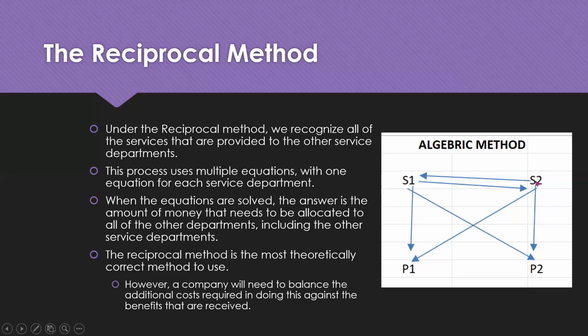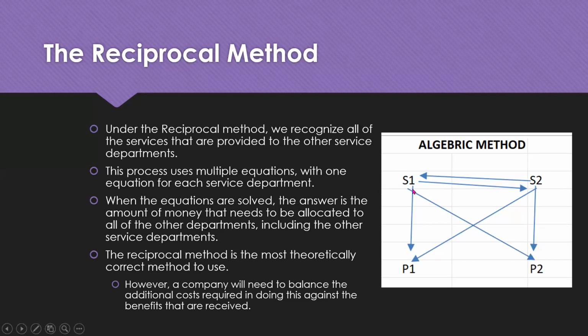When the S2 department is closed, it will be transferring back to service department 1, production department 1 and production department 2. You will ask how this will happen, since S1 department is already closed down. How will the cost come back to it?